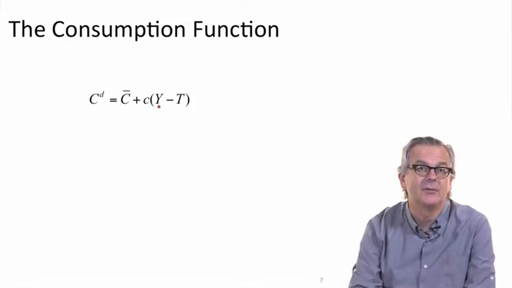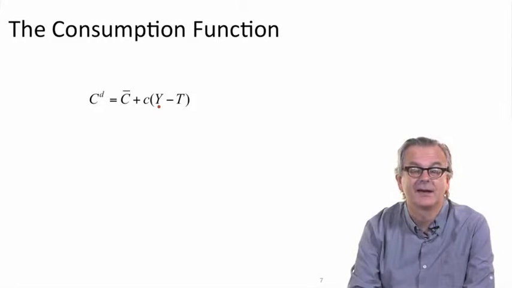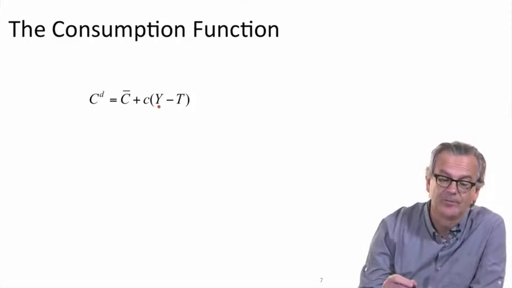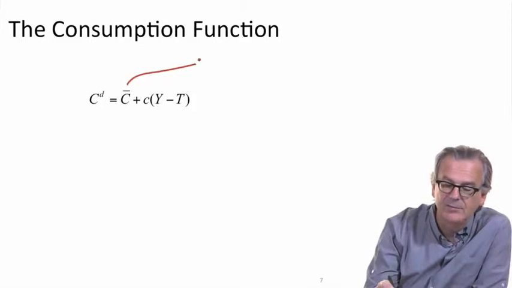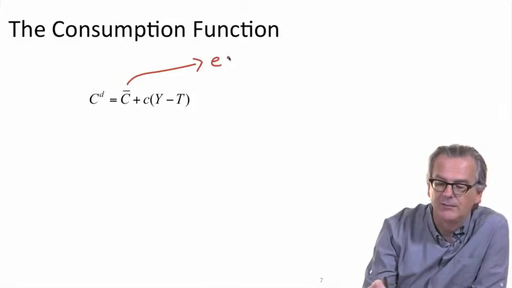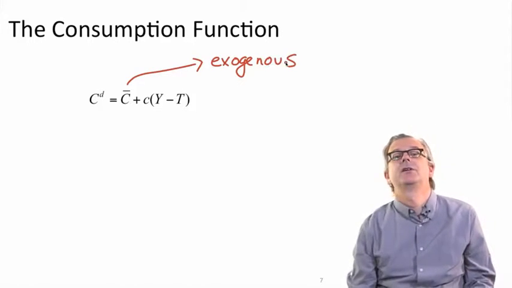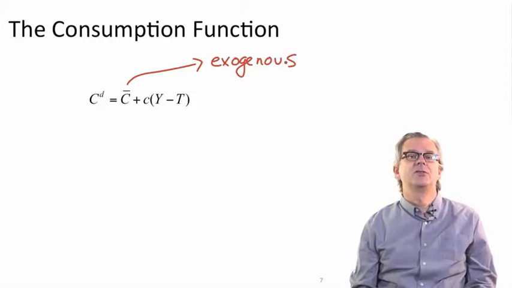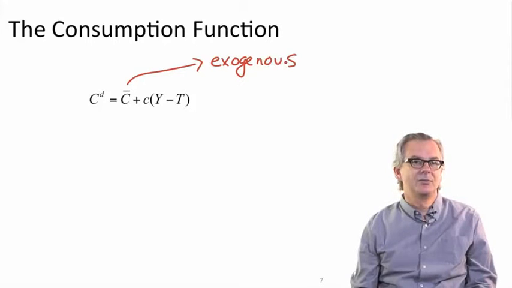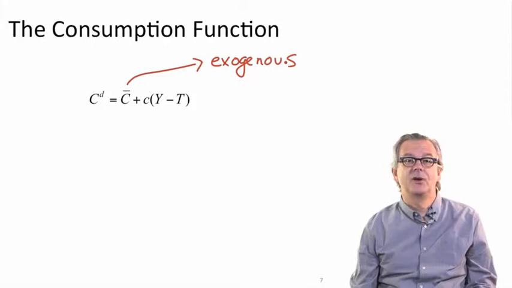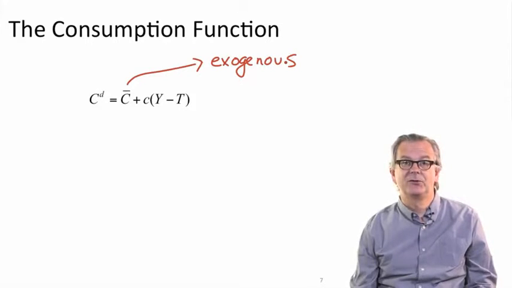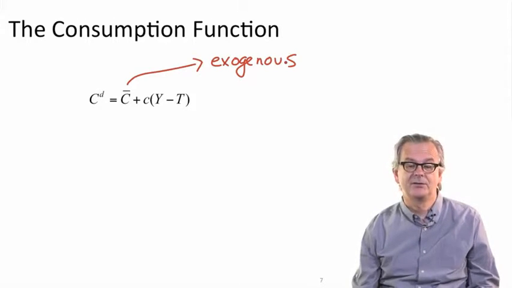The little d there reminds us that this is household expenditure on domestically produced goods and services. C bar on the right-hand side is that part of household consumption expenditure which has been determined by factors other than disposable income. And so there we collect the sum total of the exogenous consumption undertaken by households.